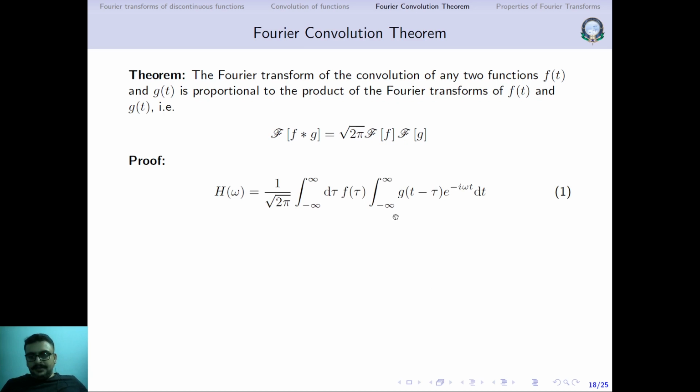So we'll just make a small substitution here. The substitution is t minus tau, we call it some other variable s. As a result dt will be the same as ds.